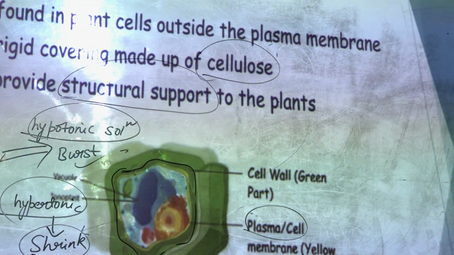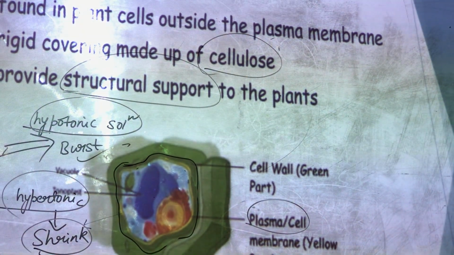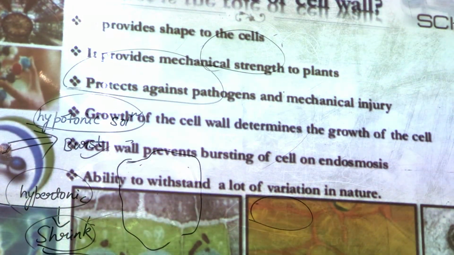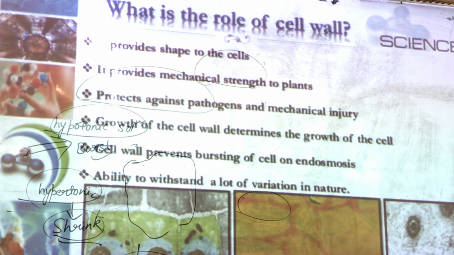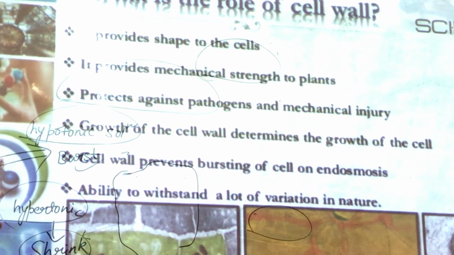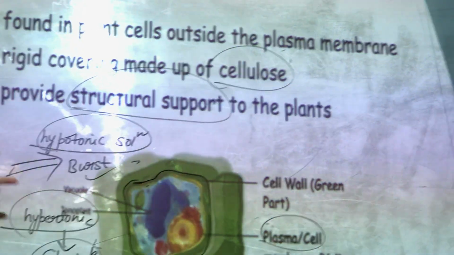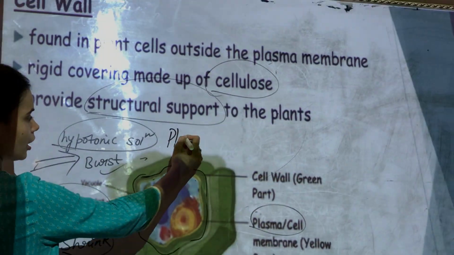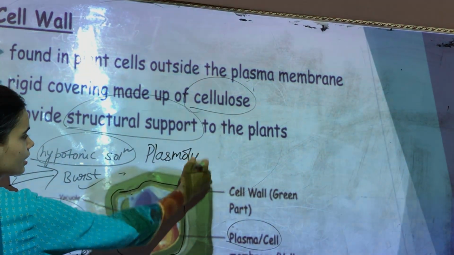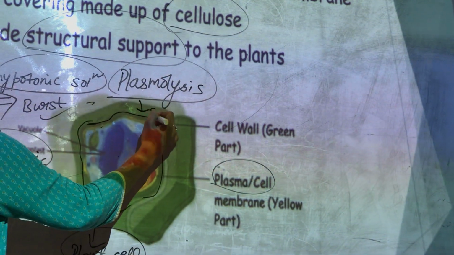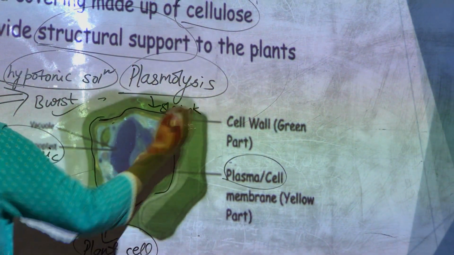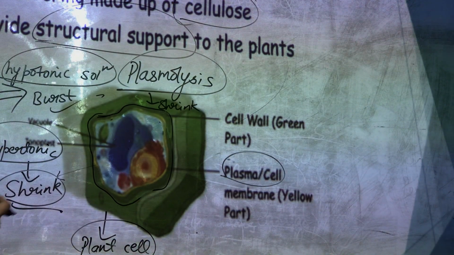Now let's discuss the various functions of the cell wall in detail. What is the role of the cell wall? The first one is that it provides shape to the cell. As I already discussed, plasmolysis is a condition in which the cell shrinks because of loss of water.